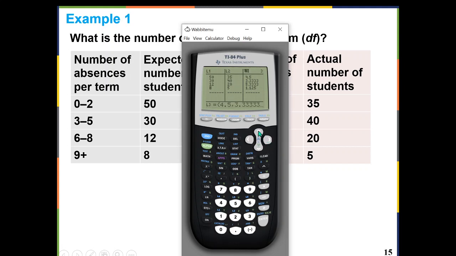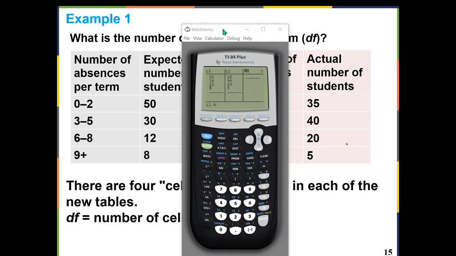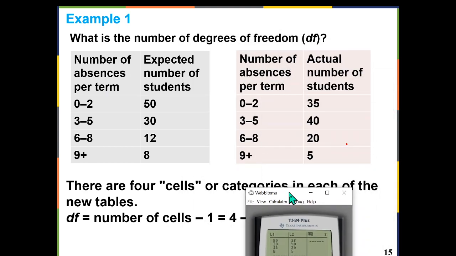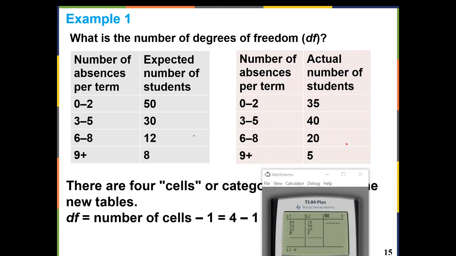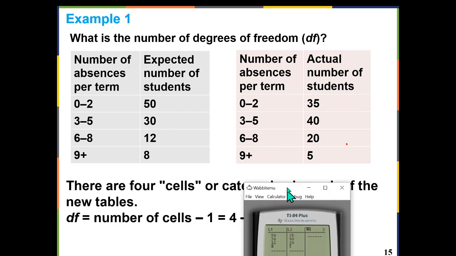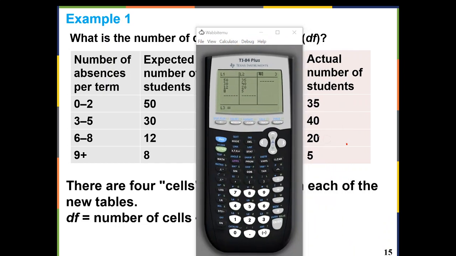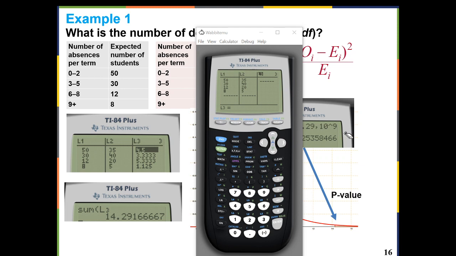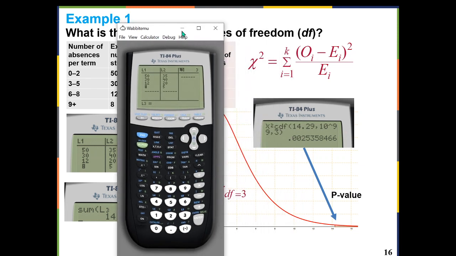Now in L3, let me erase it and do it again. So what I'm going to do, I'm going to put that formula in. So what's the formula? First of all, the k is 4. We've got 4 categories. 4 minus 1 is 3, so the degrees of freedom is 3. And now I'm going to use this formula here in L3.